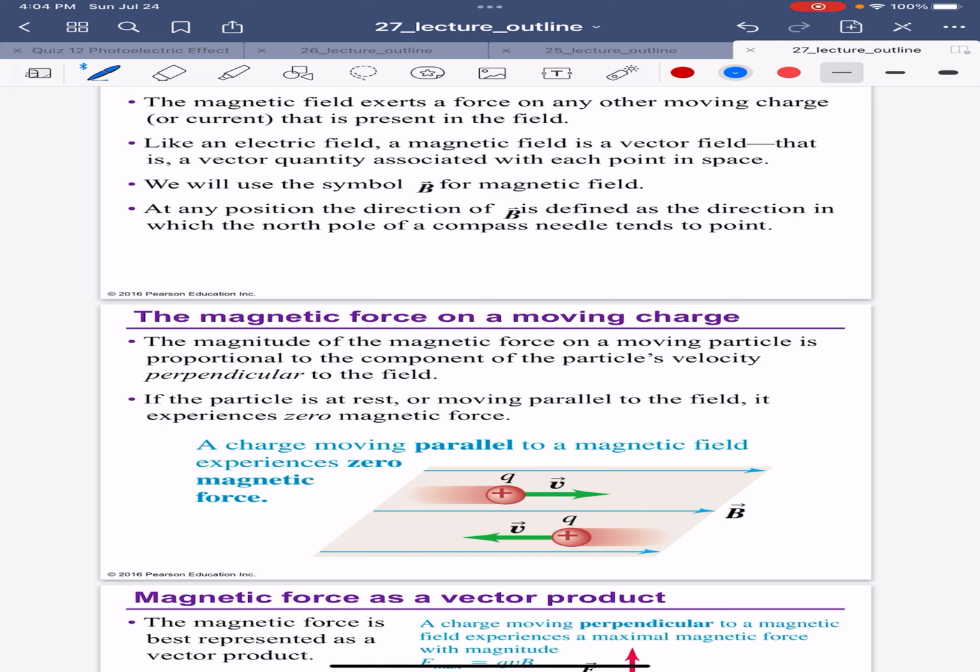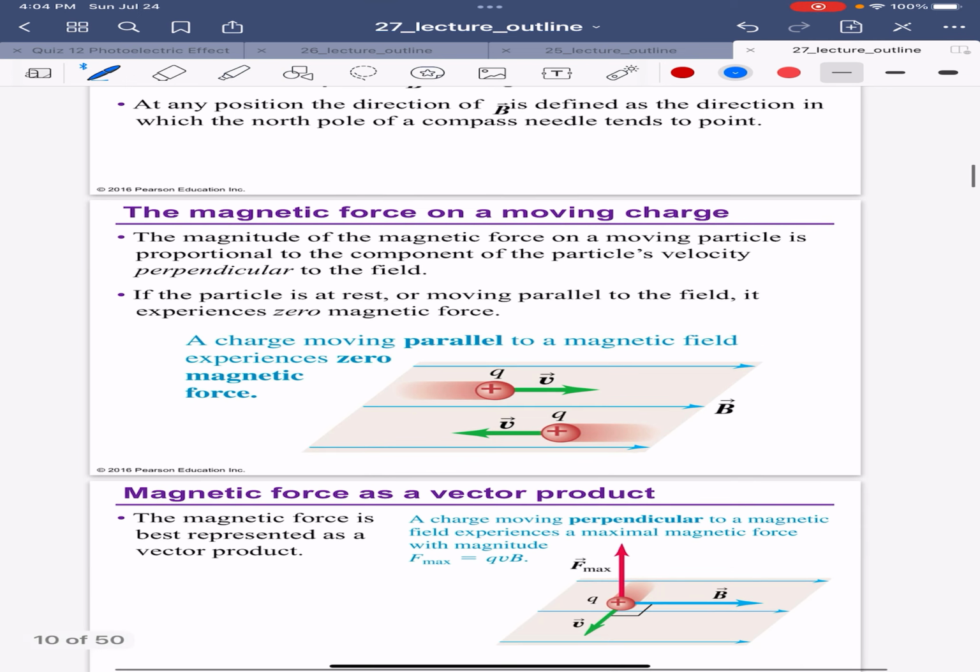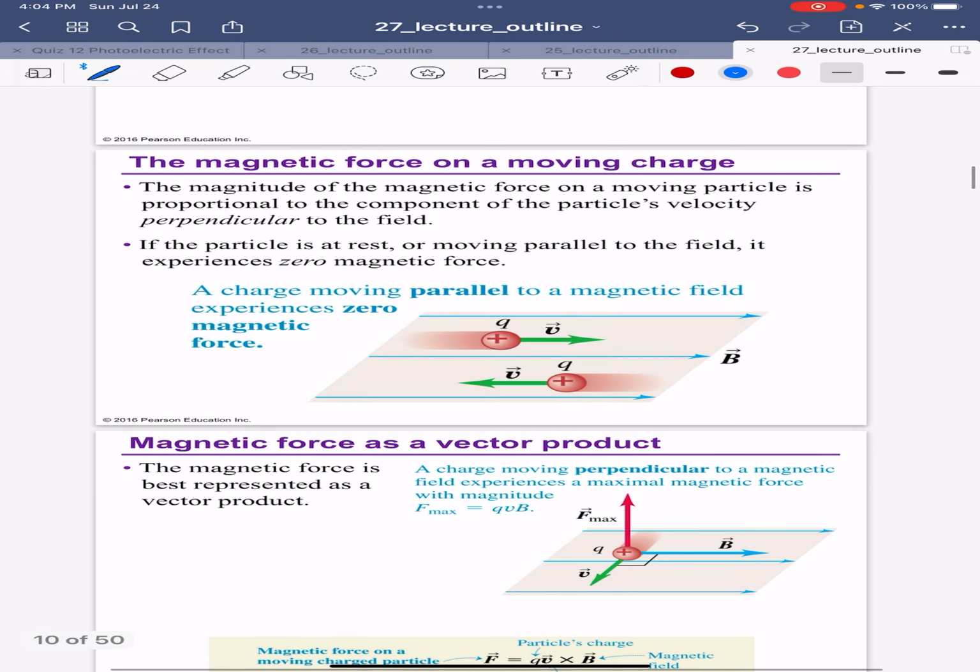If the particle is at rest or moving parallel to the field, it experiences zero magnetic force. Remember, the force is a vector quantity, therefore it has a direction and a magnitude.